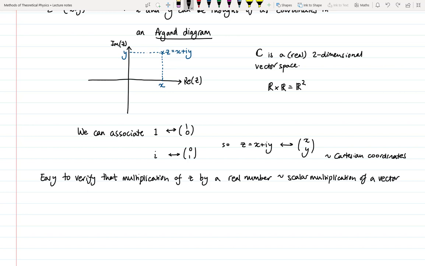So as a simple example, if you take your complex number z and you multiply it by a real number a, you can expand that as a times x plus iy, which is ax plus iay. And equivalently, you can think of that as a times (x, y) is just (ax, ay) in Cartesian component form.